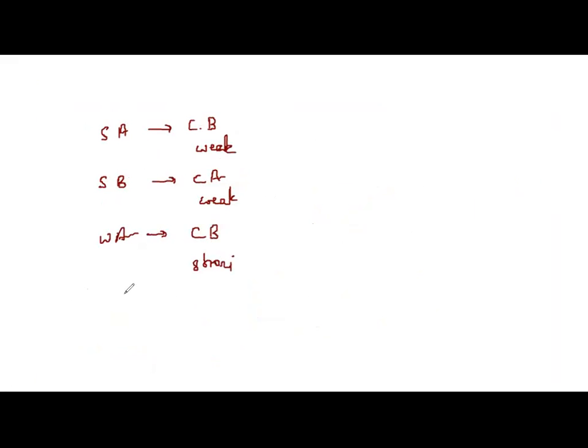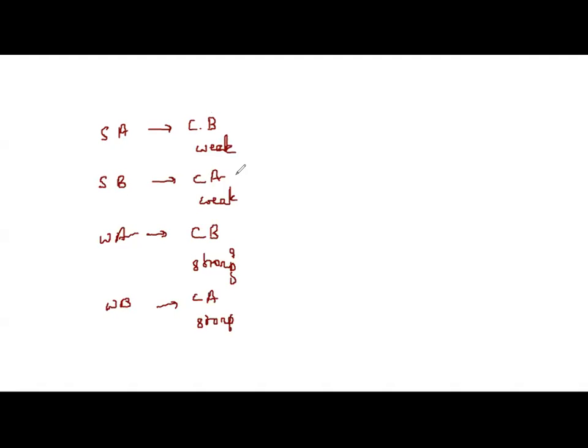If you have a strong acid, its conjugate base will be weak. If you have a strong base, its conjugate acid will be weak. If you have a weak acid, its conjugate base will be strong. And if you have a weak base, its conjugate acid will be strong. Please do remember this. Strong acid, conjugate base will be weak.